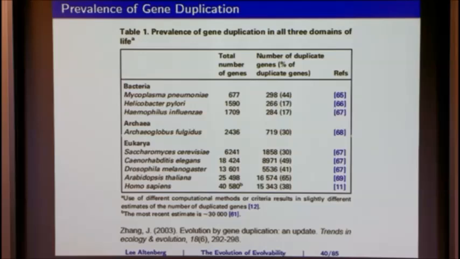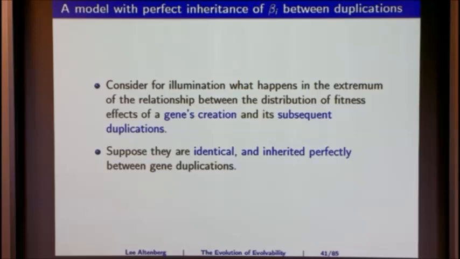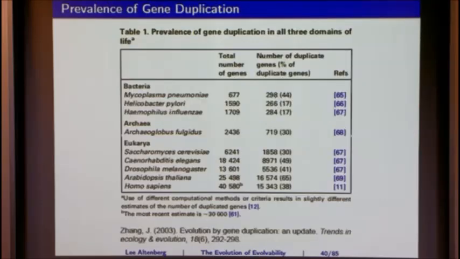What's the definition of duplicate? Okay, that's a very good question. How do you know it's a duplicate? Once there are two different genes independently evolving, the primary sequence, the nucleotide sequence or the amino acid sequence, can diverge. And so the longer they've been diverging, the harder it is to tell that one is actually a copy of the other. So you can only go back so far in time, depending on the gene.